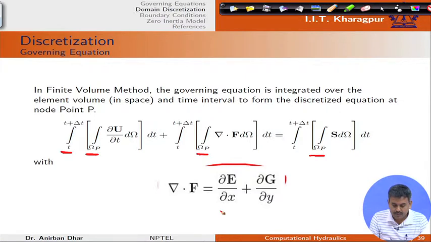So, divergence of f will give individual components.